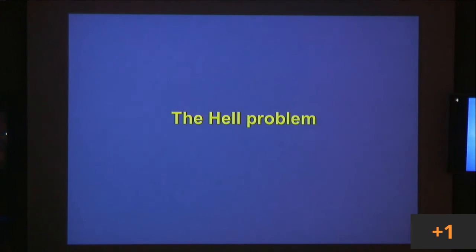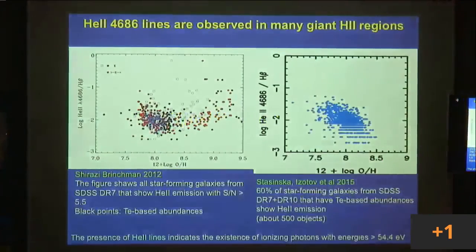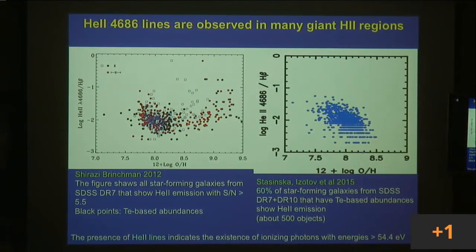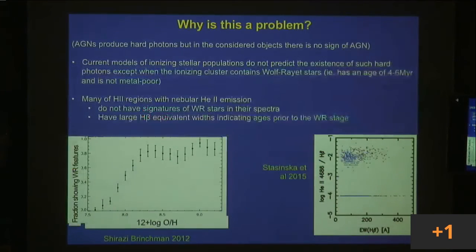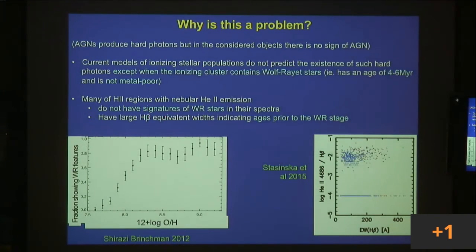Helium-2. I think I will drop it because I will not have too much time, but in one word, helium-2 lines are observed in many giant H2 regions, and okay, well, I will have to go very fast. One of the explanations would be that they come from stars which are hotter than main sequence stars, mainly Wolf-Rayet stars, but there are many regions where you don't see the Wolf-Rayet signatures and which have helium-2.